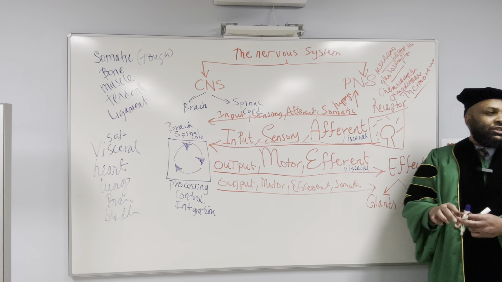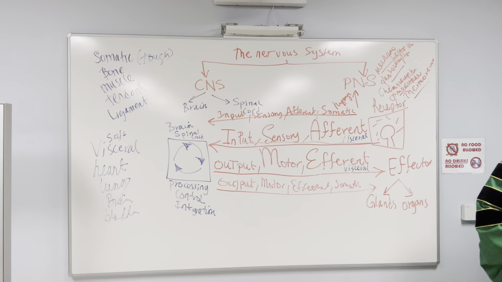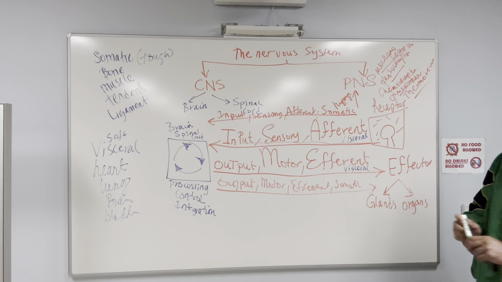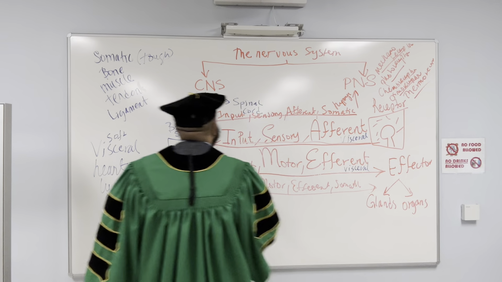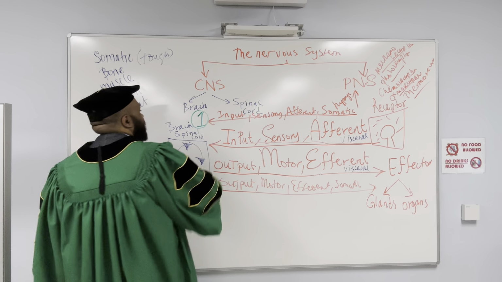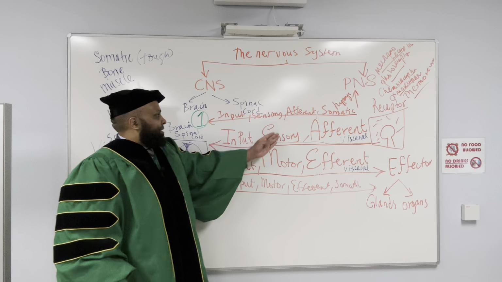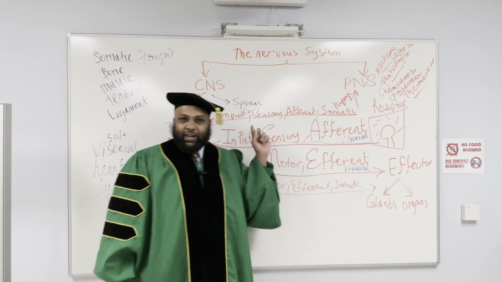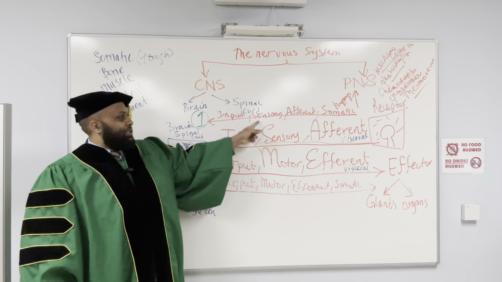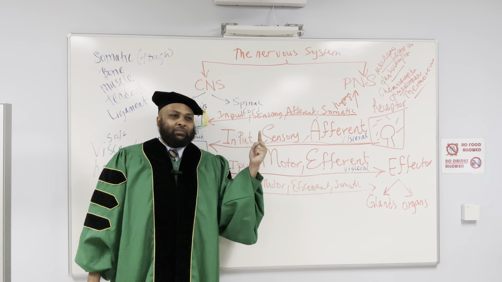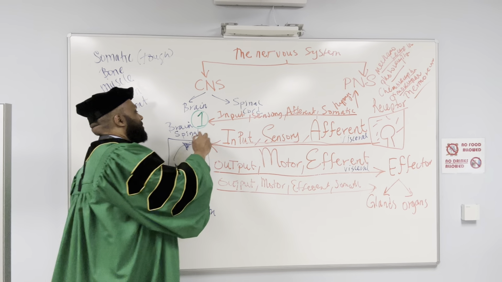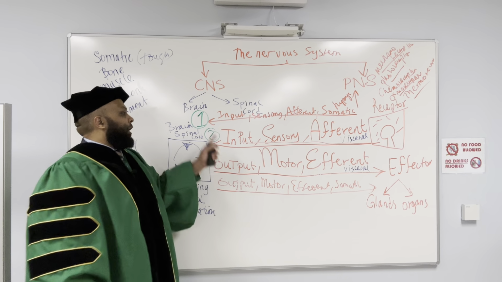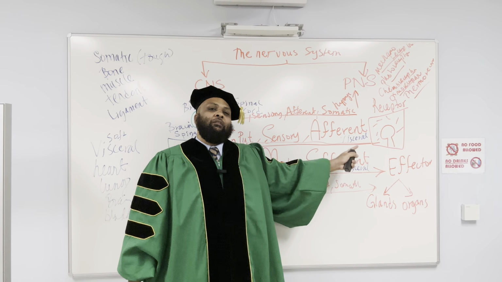The last thing you need to know is that this system, how many systems you have? 1. That's the first system. Input, sensory, afferent, somatic. That's a system. Do you see it? Then you have number 2, input, sensory, afferent, visceral.